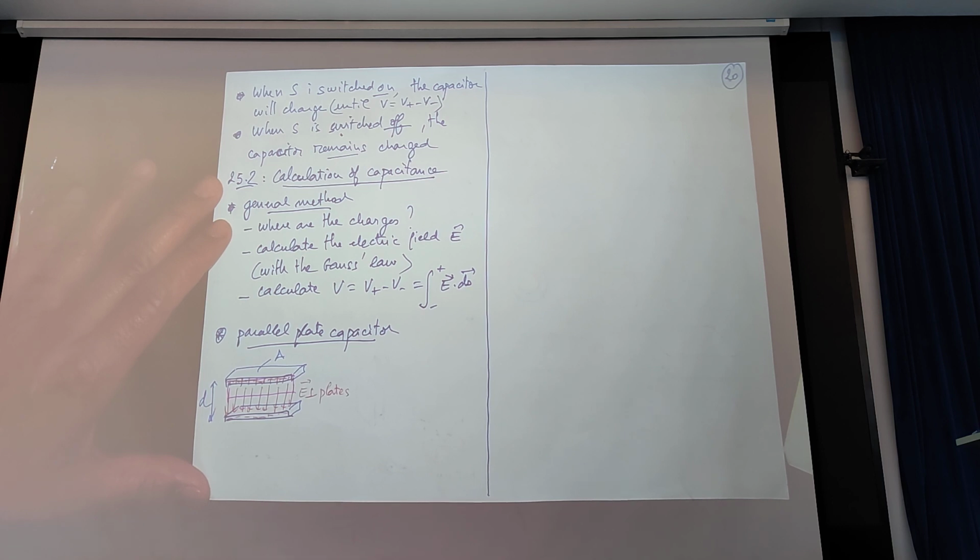So with the Gauss law, you need to define a closed surface. Something like this. You see what I mean?